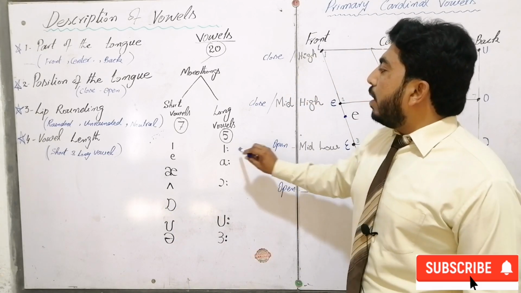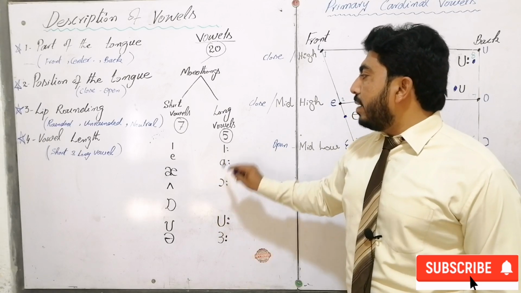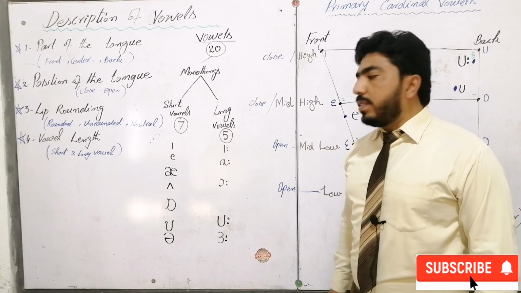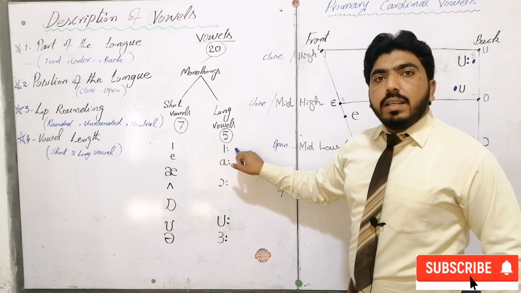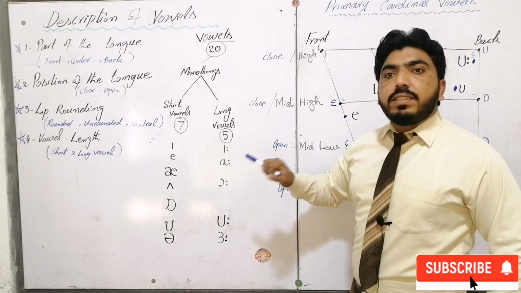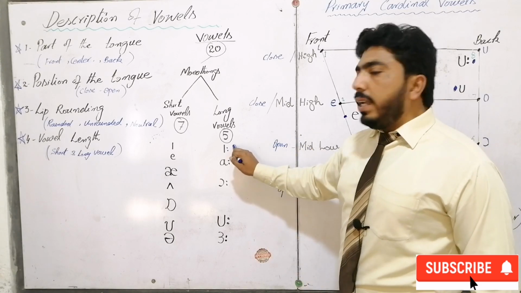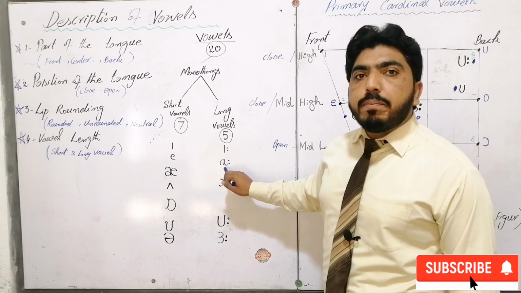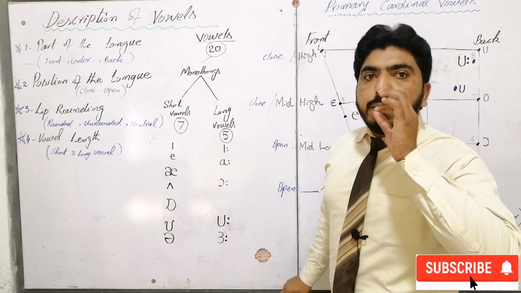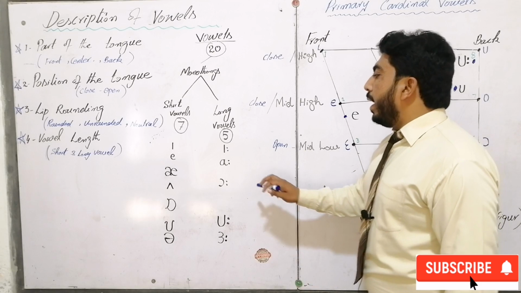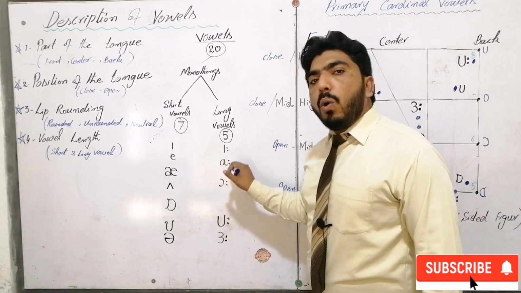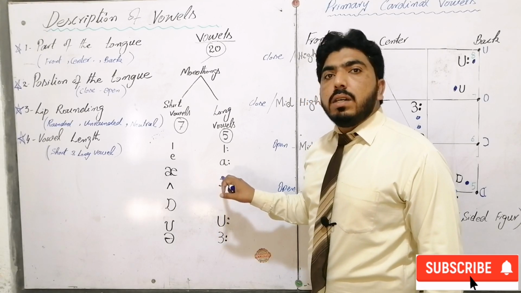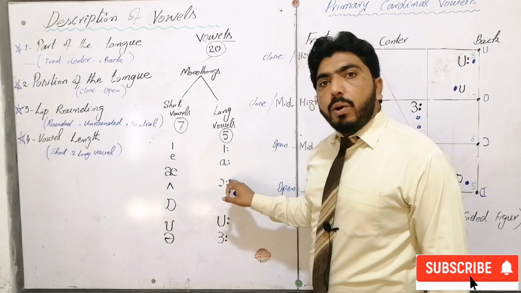And these are long vowel sounds. As you see a colon at the end of these sounds, these are prolonged. That's why we call these long vowel sounds, like /iː/, as we see in seat. This one is /ɑː/, as in calm. You see my mouth is open. And this one is /ɔː/, as in walk.